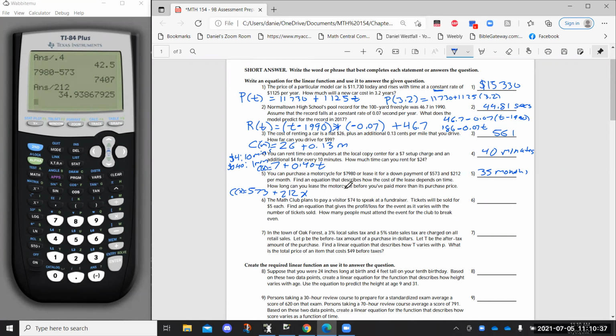How long can you lease the motorcycle before you've paid more than its purchase price? Let me just do it this way in the calculator. All right, this is actually easier to see. I'm going to put in this equation, 573.